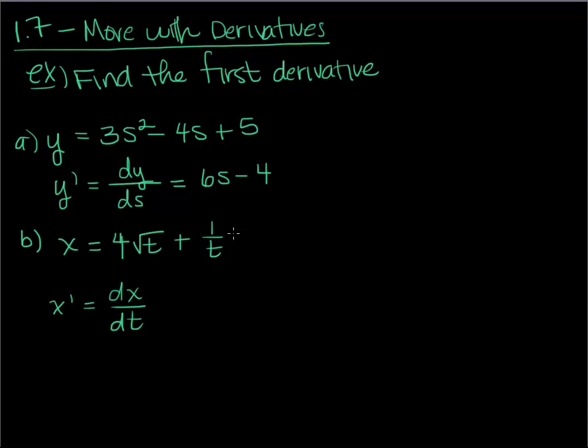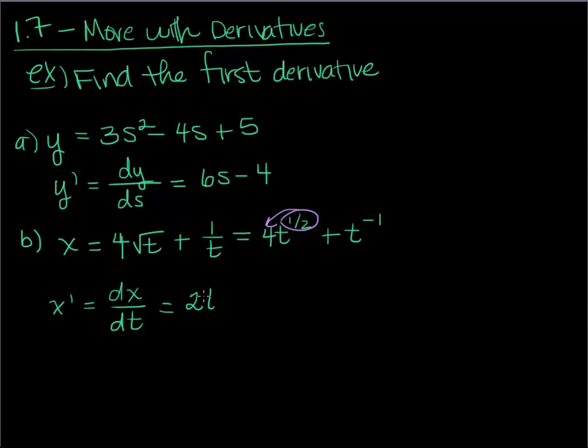Before I actually take this derivative, I know I want to use the power rule, so I'm going to rewrite this with exponents. Okay, now I'm ready to take the derivative. If I take this 1/2 and multiply it by 4, what is 1/2 of 4? That would be 2. So I'm going to have 2.